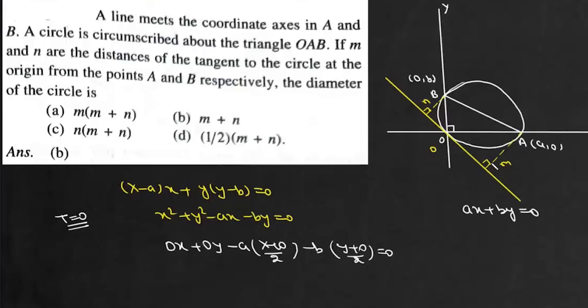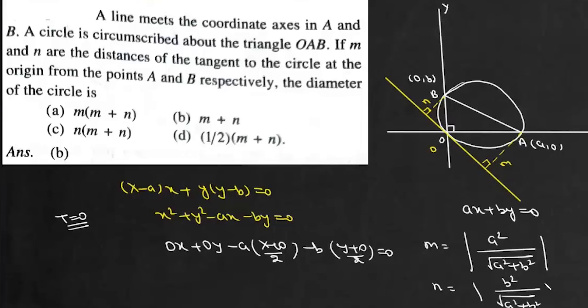Now we find the length of the perpendicular from A, which will be this M, and it will be a square upon under root of a square plus b square. In the same way, if we find N, it will be b square upon under root of a square plus b square. Now the diameter of the circle is AB, which is simply under root of a square plus b square.